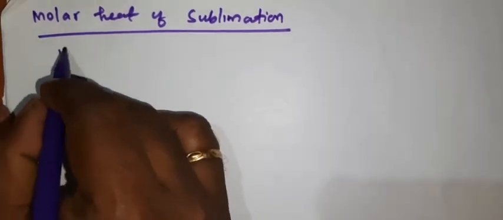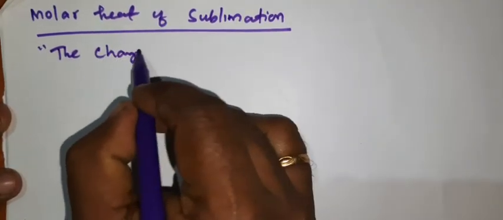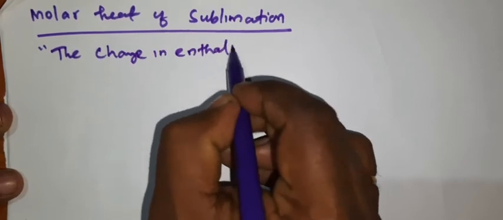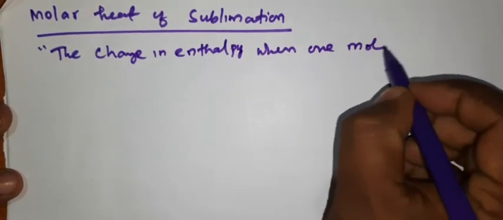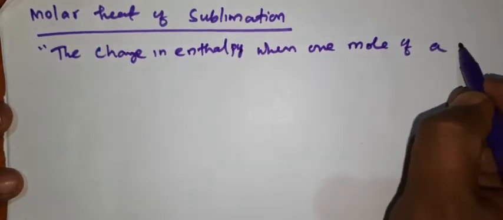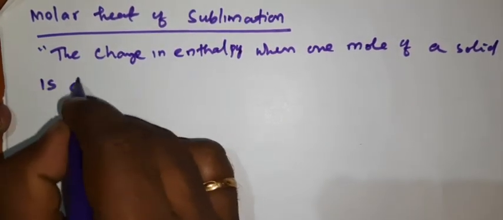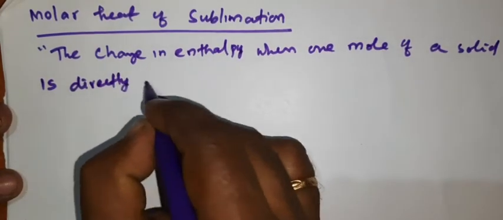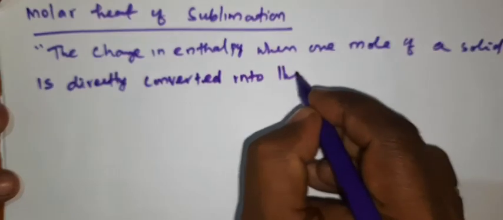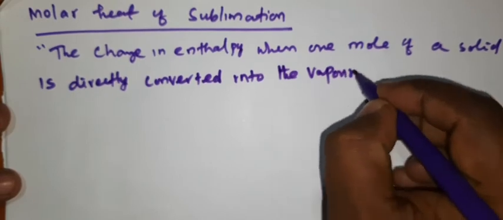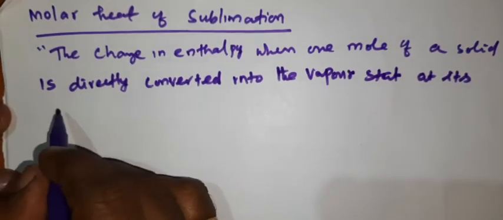So we can define the molar heat of sublimation as the change in enthalpy when 1 mole of a solid is directly converted into the vapor state at its sublimation temperature.